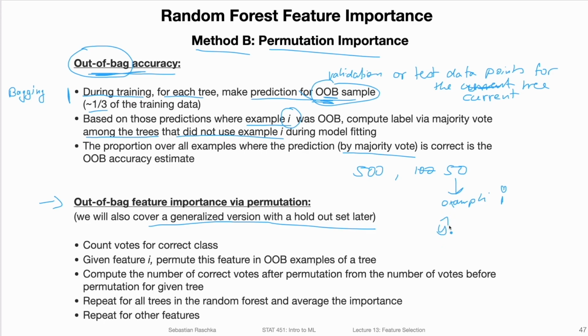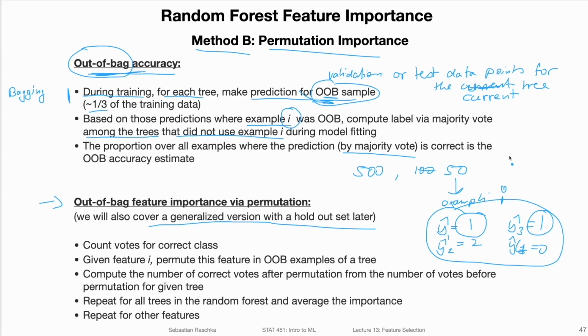So I get y hat, let's say, for tree 1, y hat for tree 2, and so forth. And maybe tree 1 predicts class label 1, tree 2 predicts class label 2, tree 3 predicts class label 1, class label, let's say, 0 for tree 4, and so forth. And then we do a majority vote, look at which is the most frequently predicted label. In this case, we can maybe say class 1 is the most frequently predicted label.